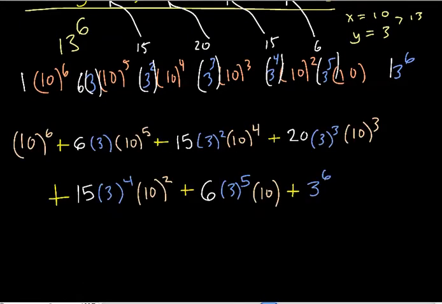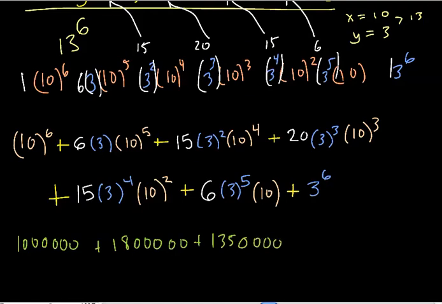Okay, this is what I have written out. Now I'm going to write my tens out really quick. I have 1 with 6 zeros, plus 18 with 5 zeros, plus 15 times 9, which is 135, with 4 zeros. 3 squared is 27. 20 times 27 is 540 with 3 zeros.